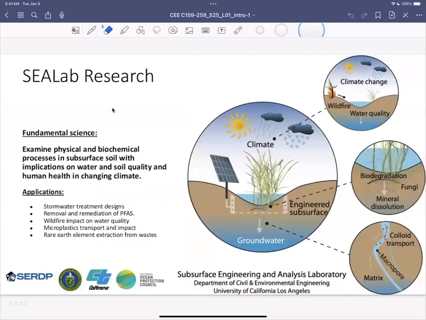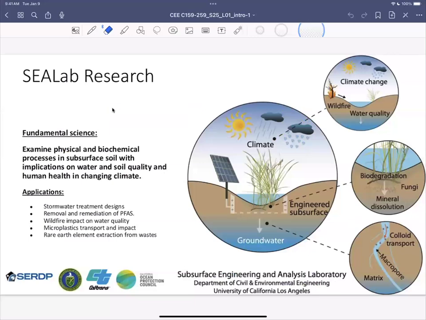My lab name is Subsurface Engineering Analysis Laboratory. There are different kinds of work we do, ranging from climate change, such as how climate extremes like wildfire affect water quality or water quantity. We also use similar techniques to re-engineer the subsurface soil so that you can remove pollutants or degrade them, which is connected with groundwater remediation. There is a wide range of pollutants we look at: PFAS, microplastics, nutrients, heavy metals.